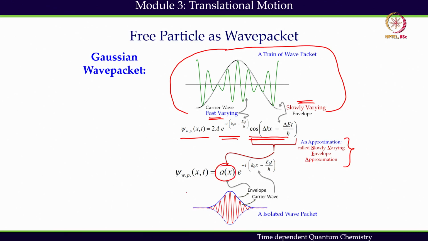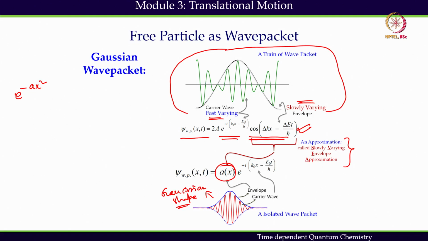Instead of considering a plane wave form, I can assume a certain shape of that envelope function. In this case, I have considered a Gaussian shape. Why am I interested in the Gaussian shape? Because if I consider a Gaussian, which is represented by a simple equation e to the power minus a x square, then I can do many analytical integrations without any difficulties.